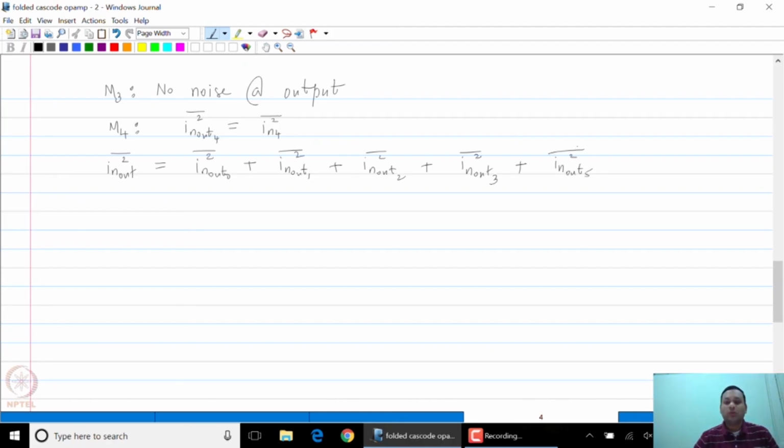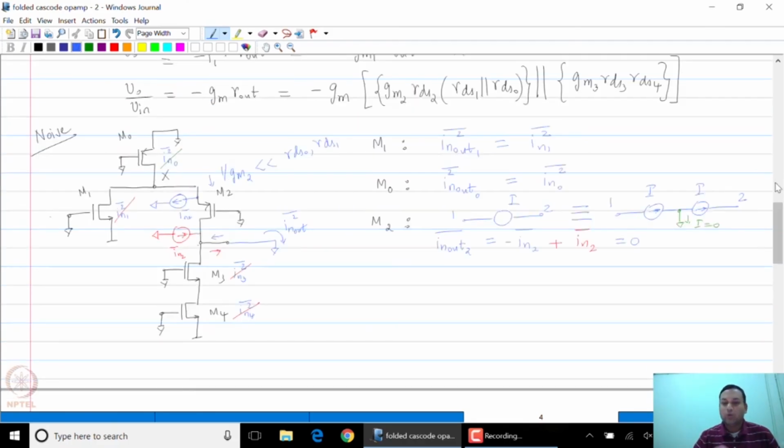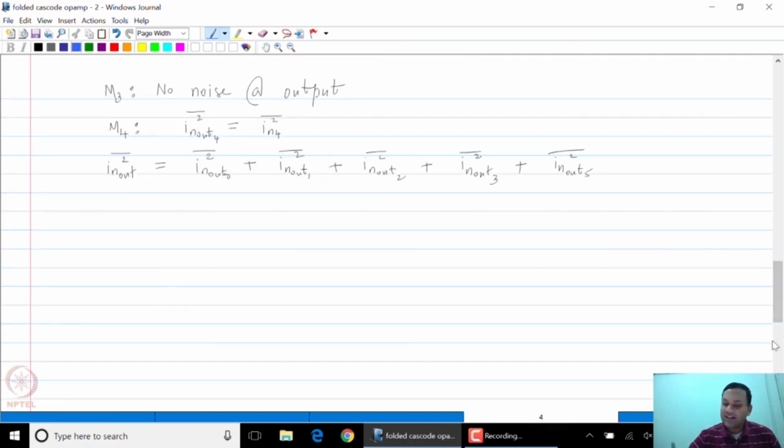So these are the 5 components. We have already established that noise from M2 and M3 are 0. So these two are 0. And therefore, for the cascode, you have 3 sources of noise. So this is IN0 squared plus IN1 squared plus IN4 squared.